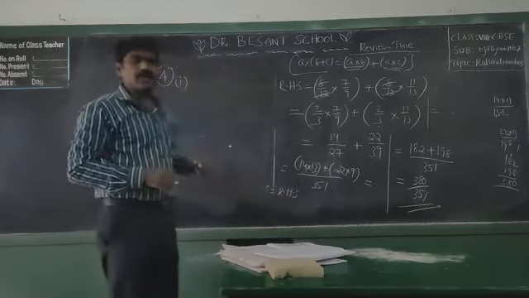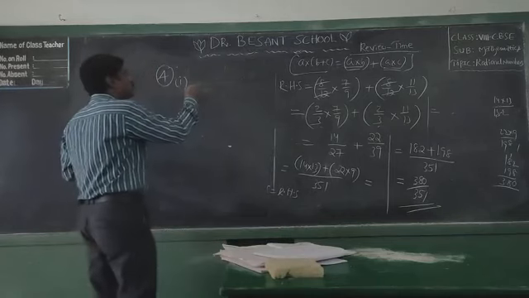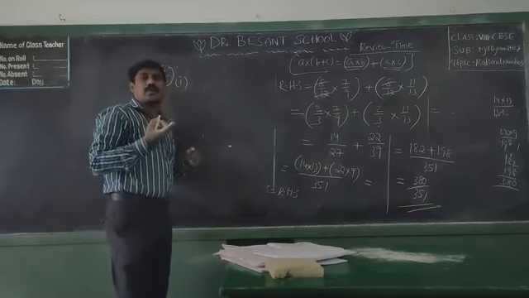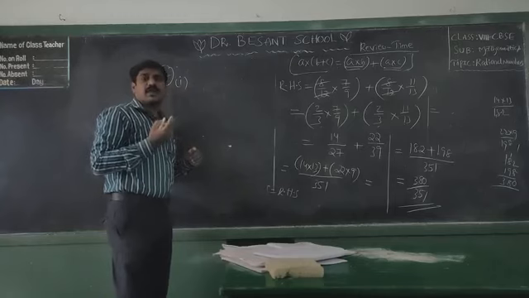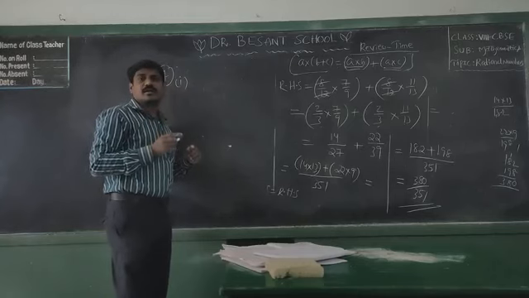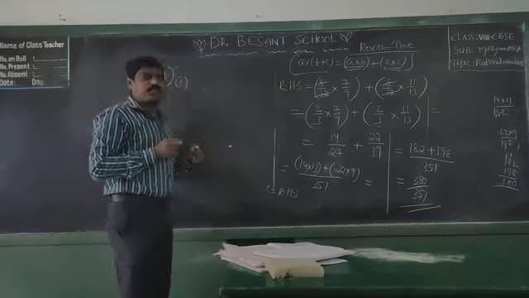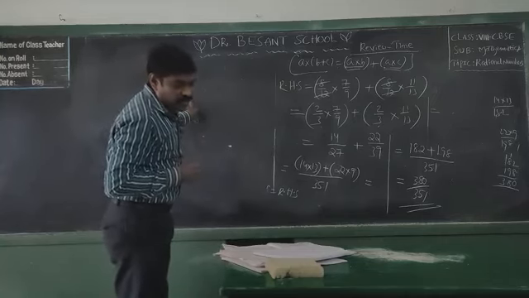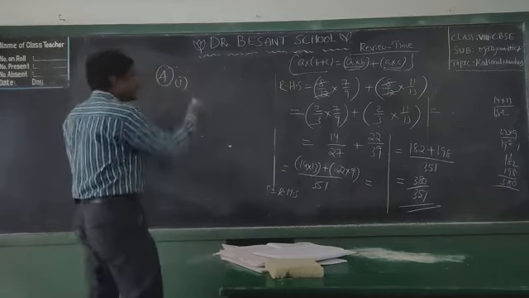Okay, it is true. Why? Because division by 0 is undefined. That's why the rational number p by q is defined only for q not equal to 0. Q equal to 0 means undefined. That's why it is not followed. That's why it is true.